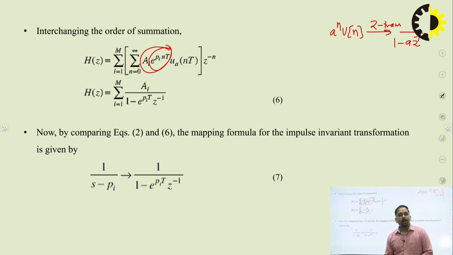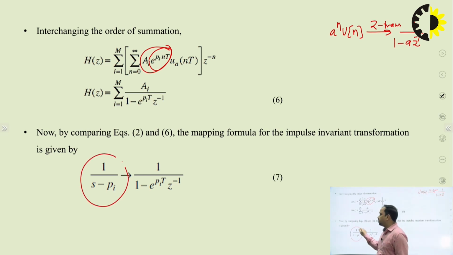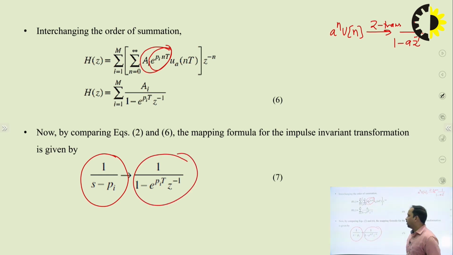Now, how can we map this S domain, the analog domain, to the Z domain? If we compare our first equation, we have simple poles of the type Ai divided by S minus Pi, and in the digital domain we get 1 by 1 minus e raised to power Pi T z inverse.